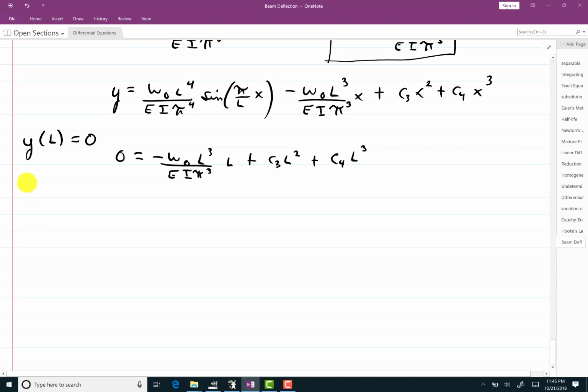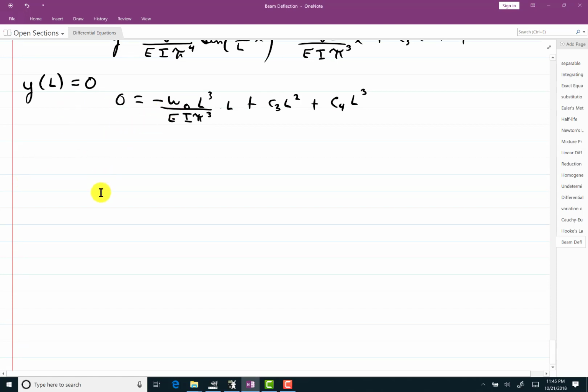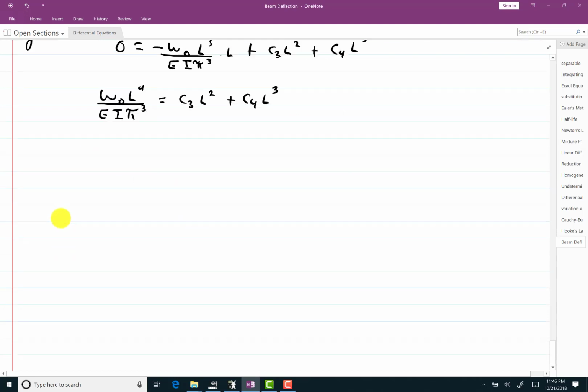Now what I can do is add this to the other side. I'll have an L to the fourth there. So we have W naught L to the fourth over EI pi cubed equals C3L squared plus C4L cubed. I'm going to divide both sides by L squared, and I get W naught L squared all over EI pi cubed will equal C3 plus C4L.